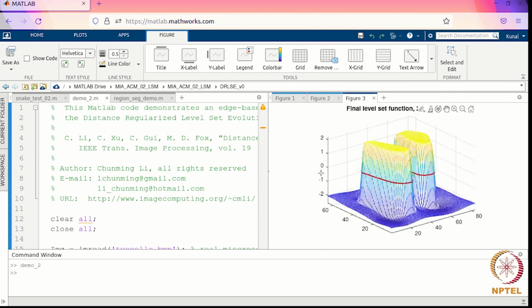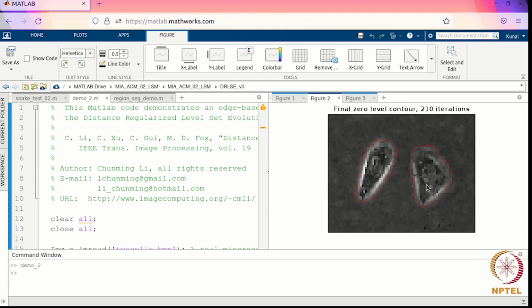And if you see, this is the 0 point, right? So when the height is 0, the contour at that point is the curve C. So if you see, the contour actually coincides with the boundaries of these two objects that we wanted to capture.